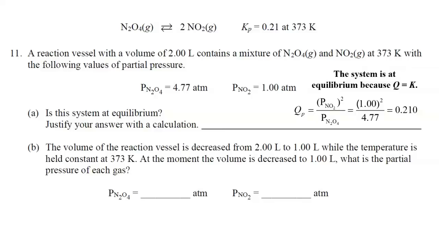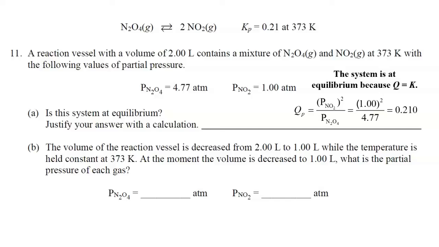So in part B, the volume of the reaction vessel is decreased from 2 liters to 1 liter, while the temperature is held constant at 373 kelvins. At the moment the volume is decreased from 2 liters to 1 liter, what is the partial pressure of each gas?